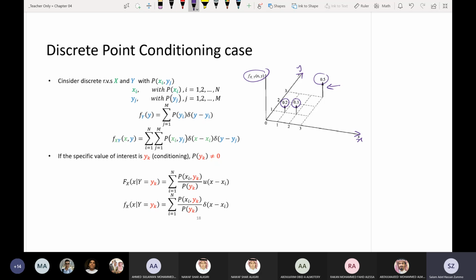So basically the two discrete random variables x and y are described by the joint probabilities, right? And the joint PDF looks like a double summation of deltas evaluated at all the values that x takes and at all the values that y takes, with the joint probabilities P(xi, yj), right?